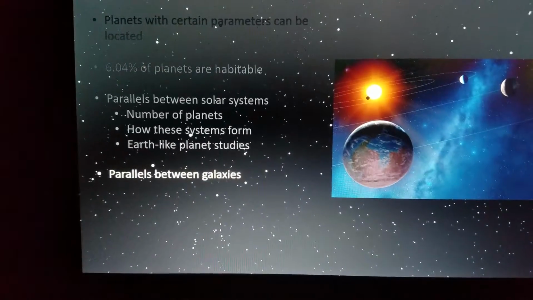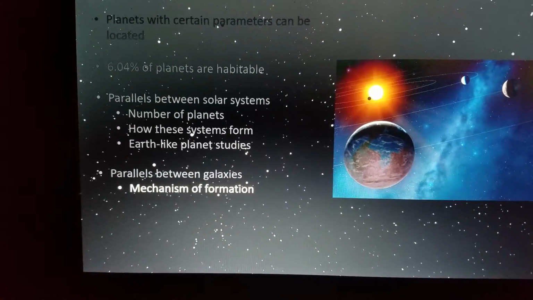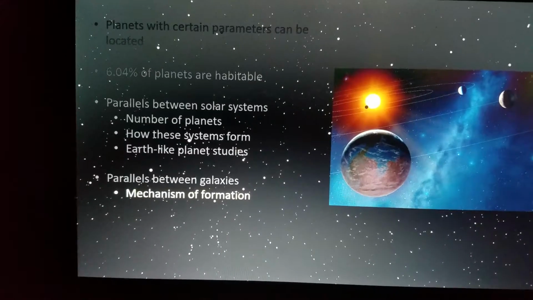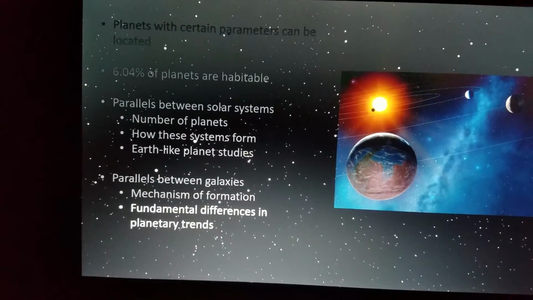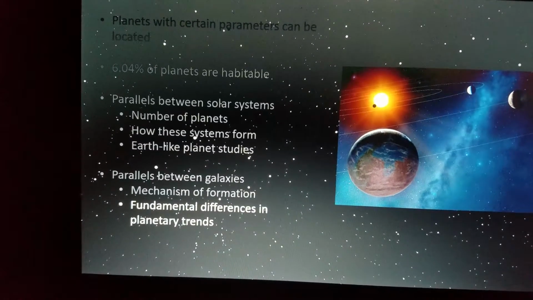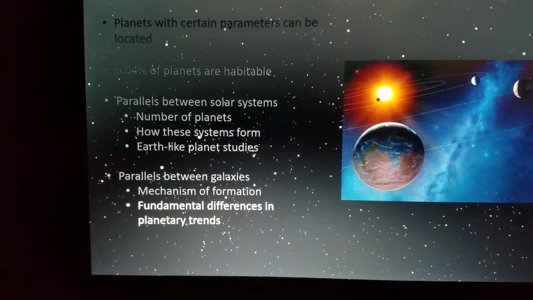And you can also draw parallels between galaxies, such as the mechanisms of how the galaxies themselves are formed and how that in turn affects solar system formation, and fundamental differences between planetary trends, such as will we see different trends in different galaxies based on how they were formed.